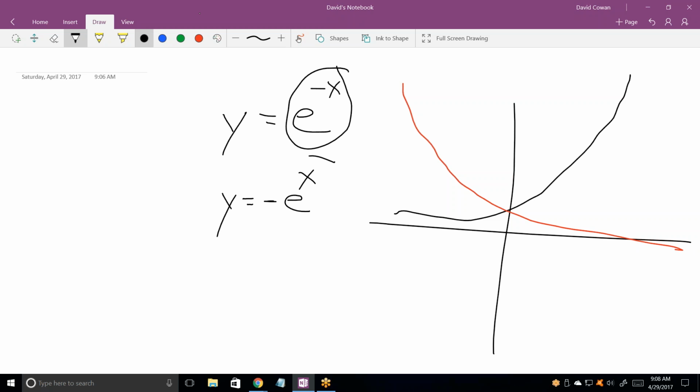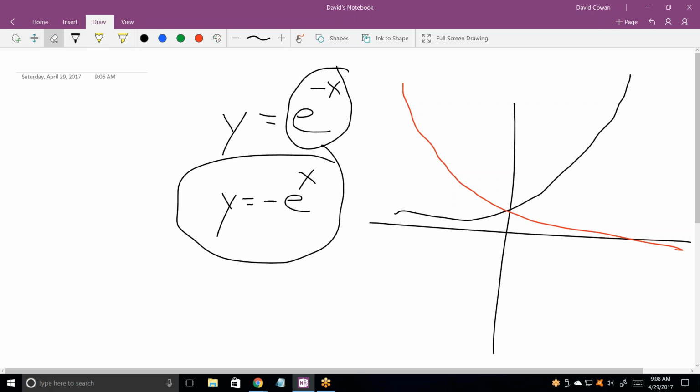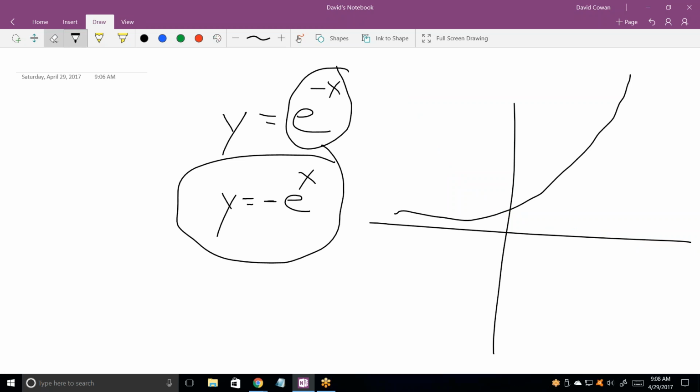So if I gave you this one, then it's a flip over the x-axis, which I would say is a vertical flip. So an easy way to remember these transformations, there's 6 of them, but just remember that anything that's inside the function is horizontal, anything that's outside the function is vertical.